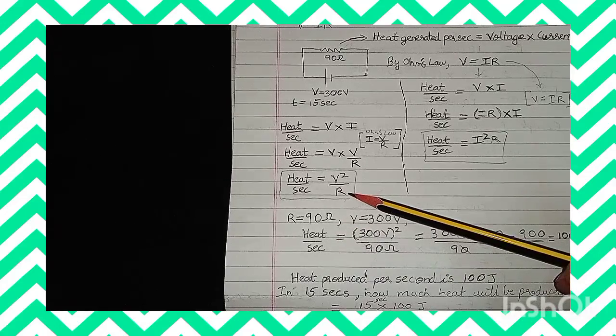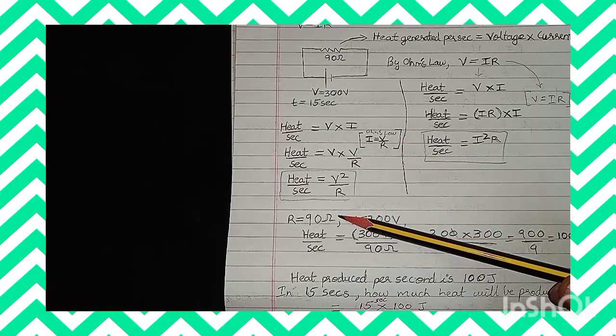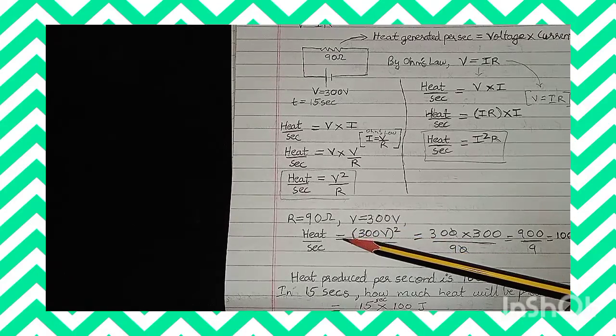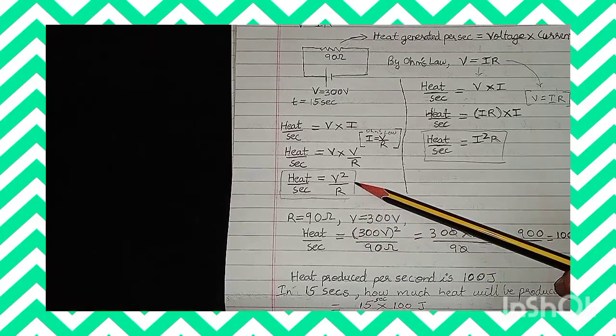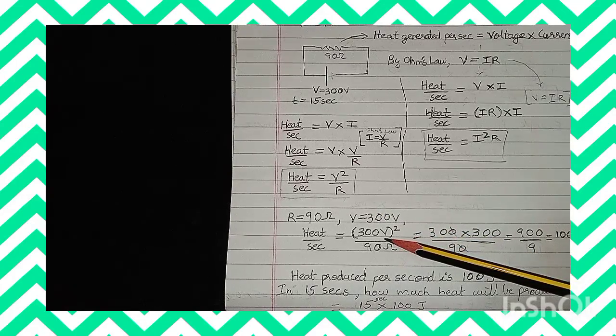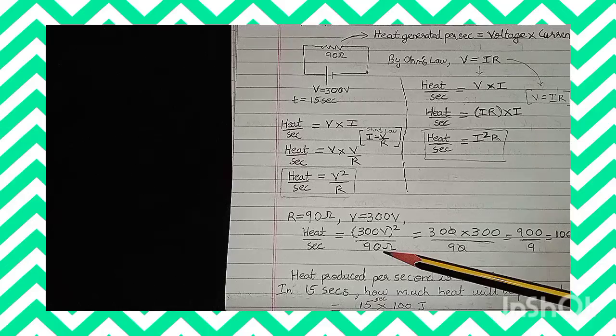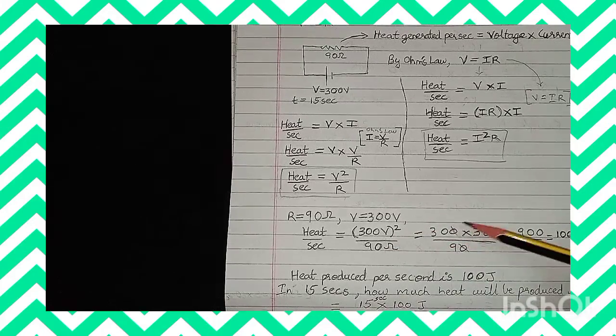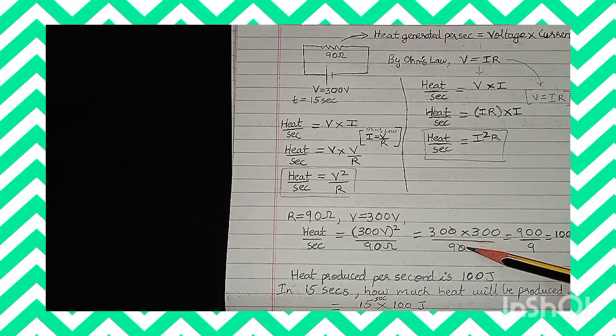So R we have got from the question itself. R is equal to 90 ohms. V is equal to 300 volts. So heat per second is equal to V square divided by R. So V square would be 300 volts square divided by 90 ohms. So this we can write as 300 into 300 divided by 90.